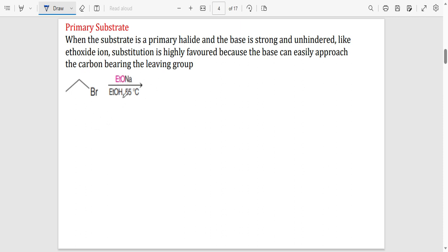So the major product when you have a primary substrate and an unhindered strong base is going to be a product that comes by the SN2 reaction. In the SN2 reaction, the ethoxide is going to attack the carbon that contains the leaving group from the back direction, and then this bond is going to be broken.